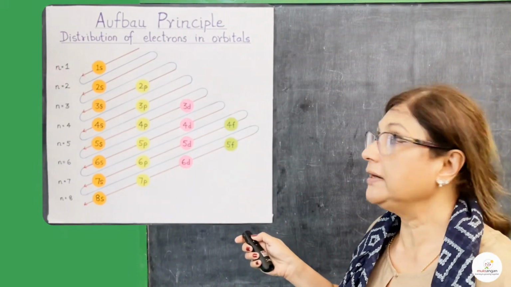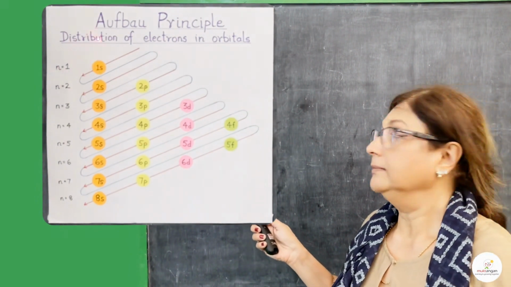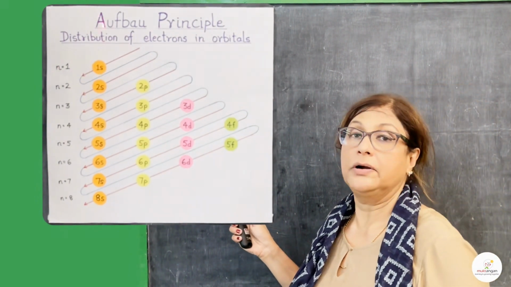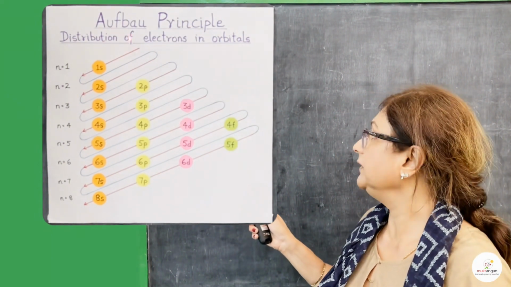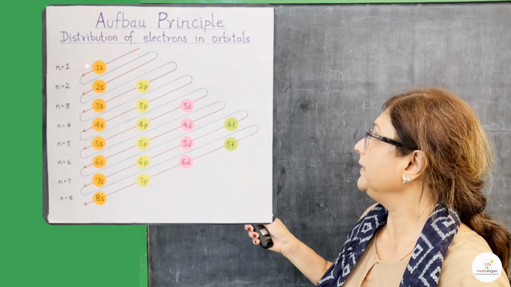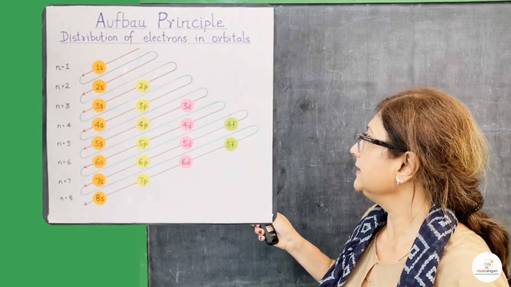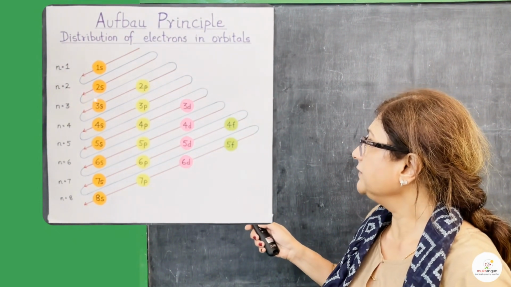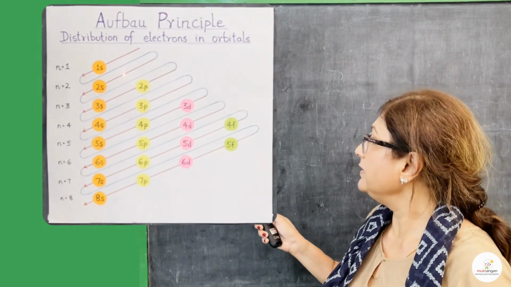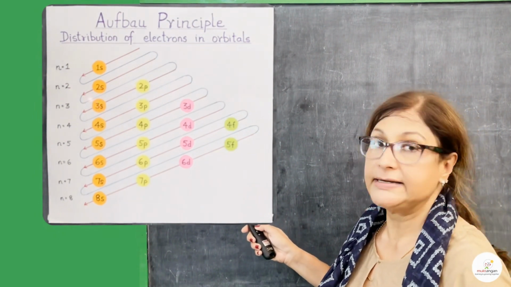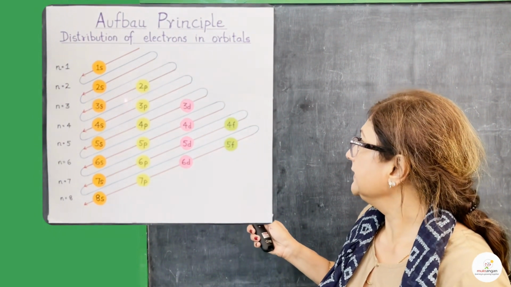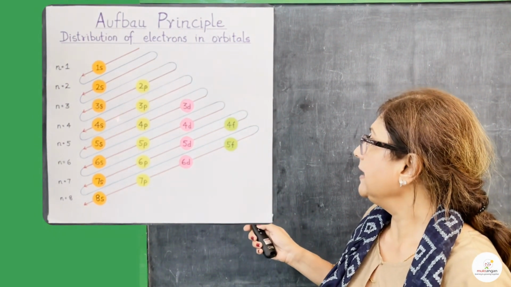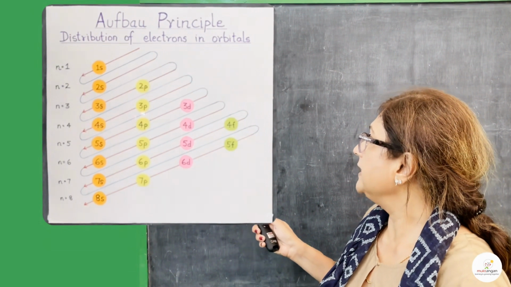That is from period 1 and sub-level or block S. So we have to follow these arrows with me. We start from period 1, 1s to 2s, after 2s to 2p, then we move on to the next level, that is period 3. So 3s, then it goes to 3p, 4s and 4s to d.